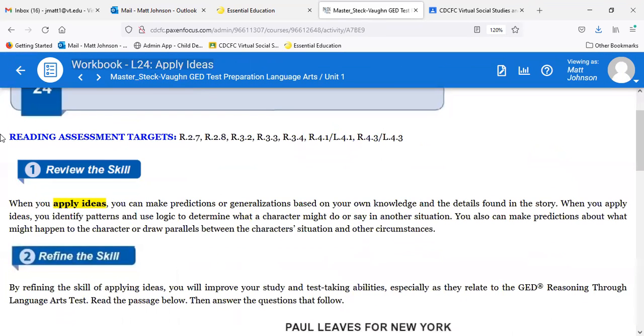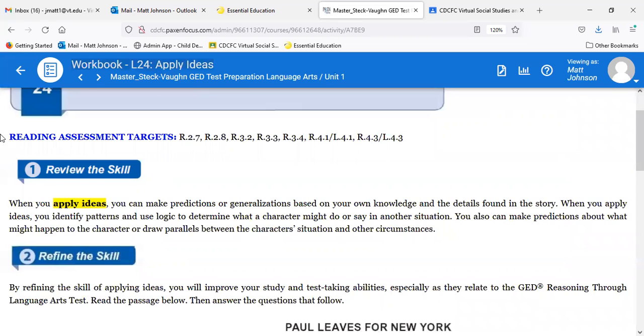So again, when we apply ideas, you can make predictions or generalizations based on your own knowledge and the details found in the story. When you apply ideas, you identify patterns and use logic to determine what a character might do or say in another situation. That's what I was talking about.